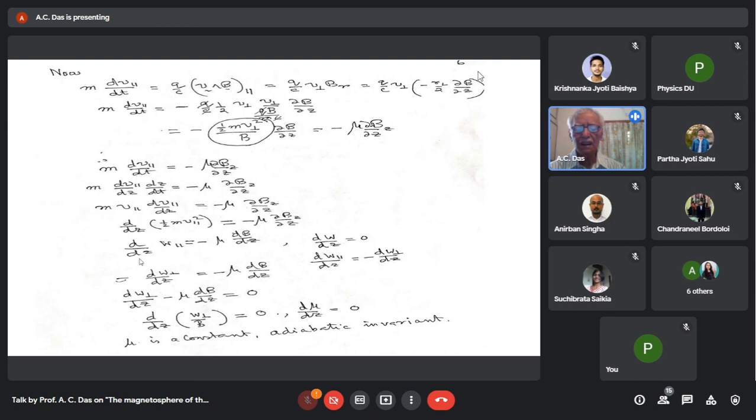Adiabatic in the sense that the magnetic field does not change much during its motion over the Larmor radius. So mu is a magnetic adiabatic invariant.